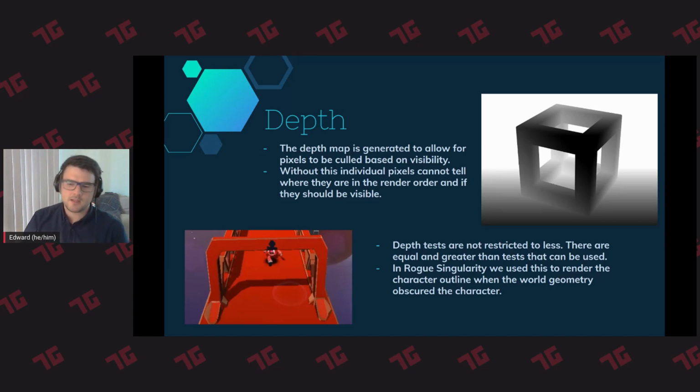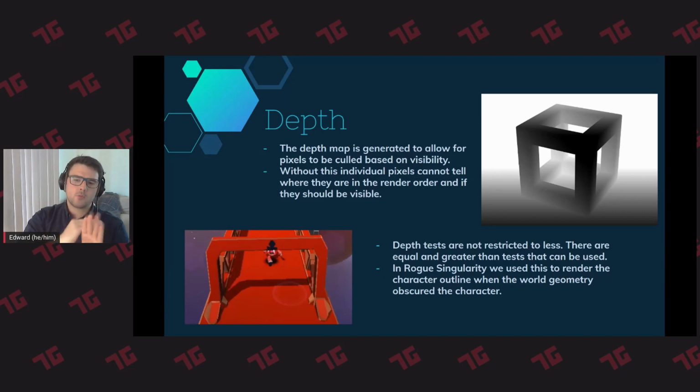But depth is a relatively simple thing to understand. Because my triangles can overlap each other, we have to be able to structurally understand which one is coming through, which one is rendering first, which one is rendering second, like who's in front of whom. Because we know the world position of that vertex, and thus the world position on our plane, when those vertexes are getting rendered onto our screen, we're also rendering into a depth map, which is just storing how far from the camera that fragment was written.